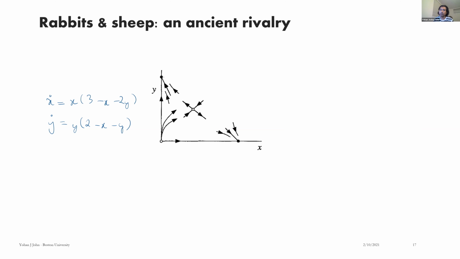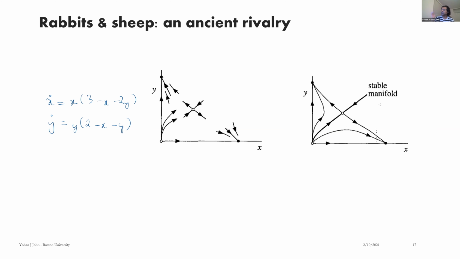You just have to link up the arrows that seem most likely to link up. And you'll get something like this, which Strogatz says is just eyeballed, it's not a computed solution. And he goes on to show that that's pretty much what you see if you do it carefully and mathematically.